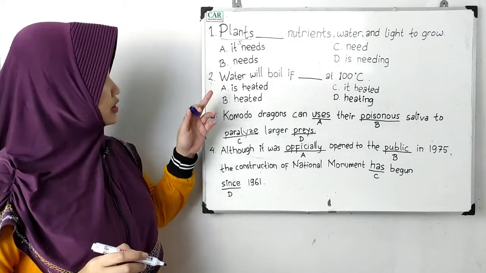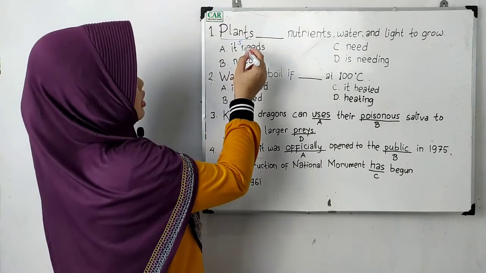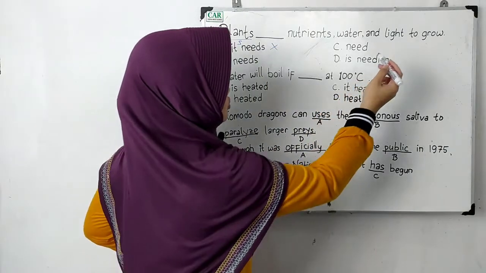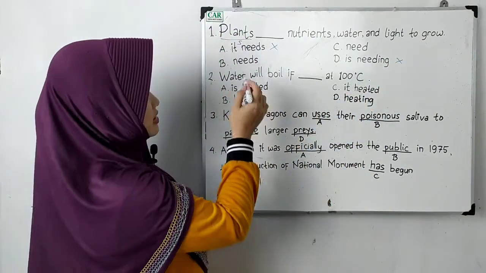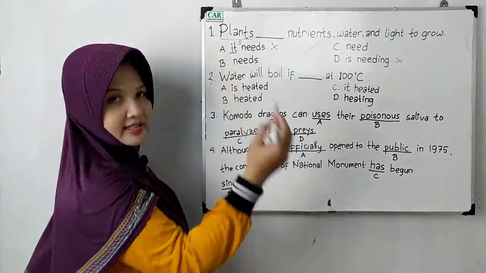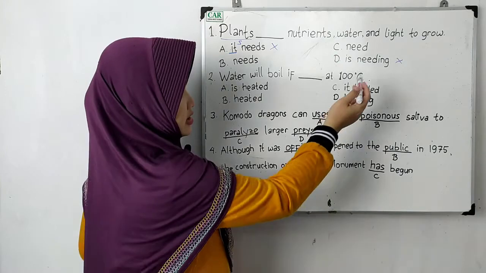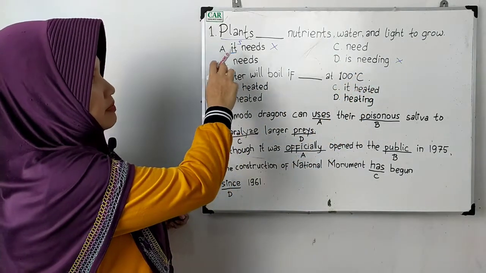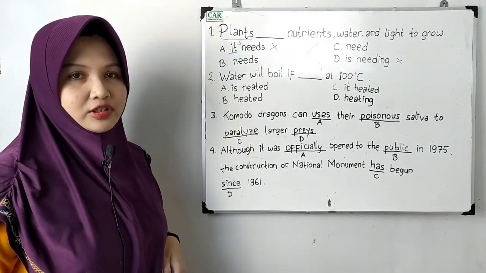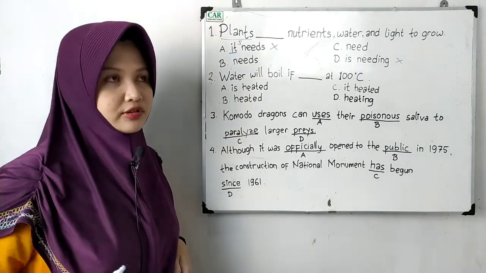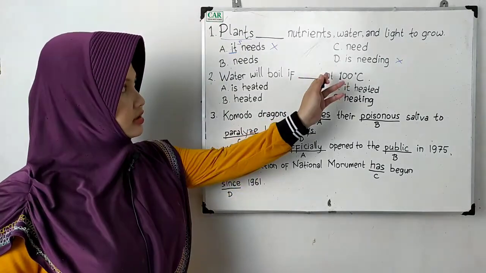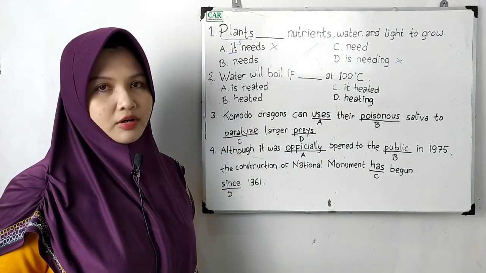Okay, so of course we can eliminate option A and option D. Because in A, there is "it" here. We don't need it as a subject because we have plants as a subject. And then option D is not needed because this sentence is actually a general fact, which usually always uses simple present tense. But option D uses present continuous tense.